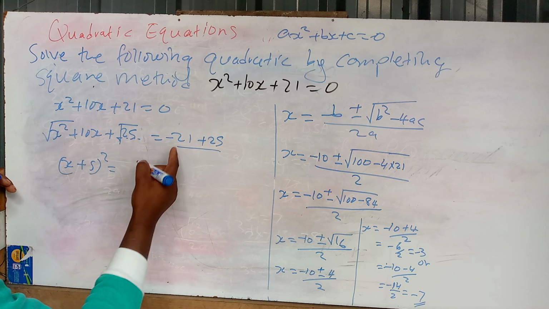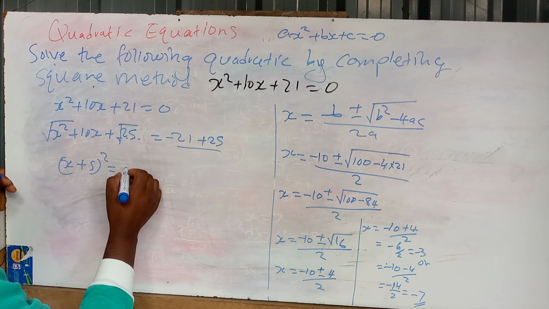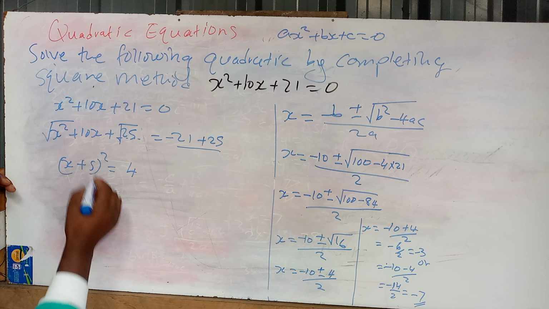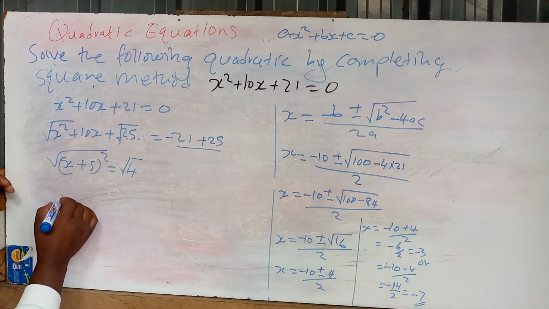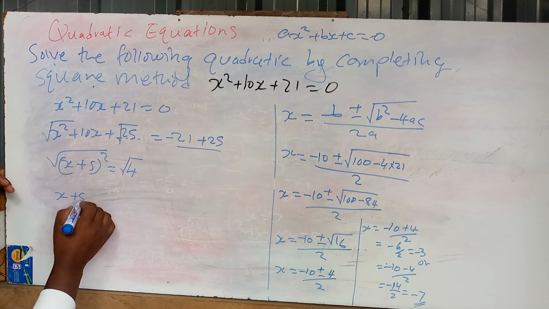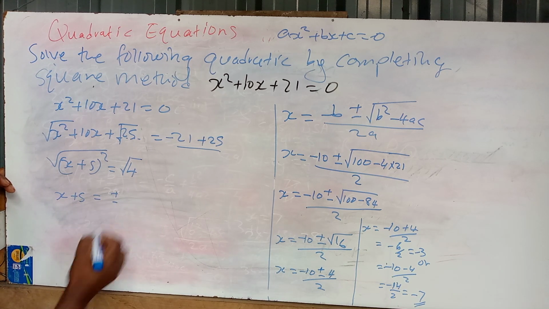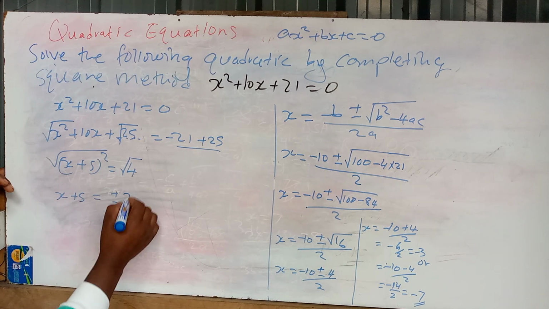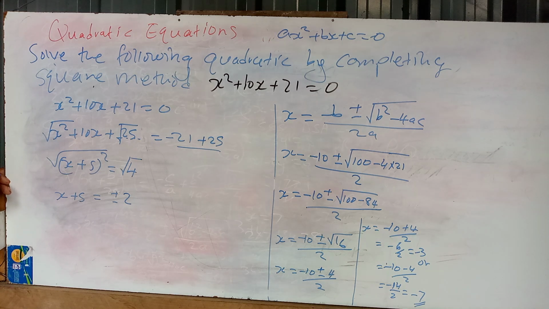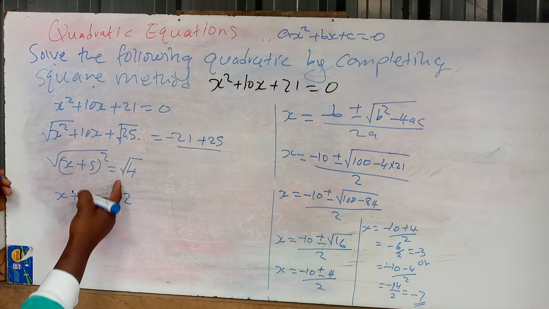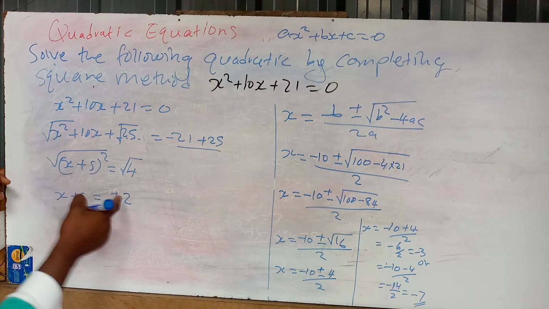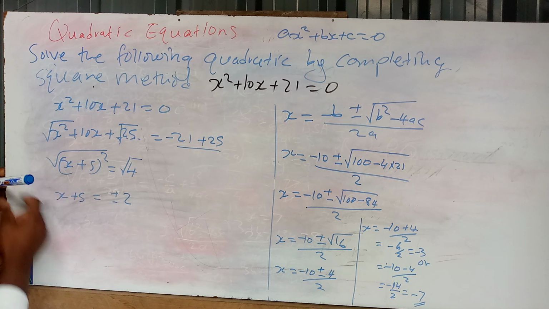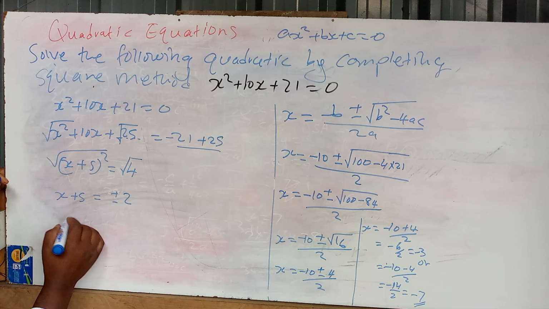So definitely, if you add now, you will get 4. So find the square root here and the square root here. So x plus 5 is equal to plus or minus the answer here, which is 2. So we said that whenever you are finding the square root of a number, the answer is normally plus or minus.